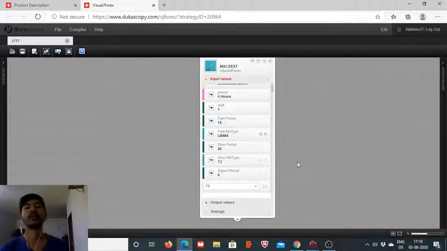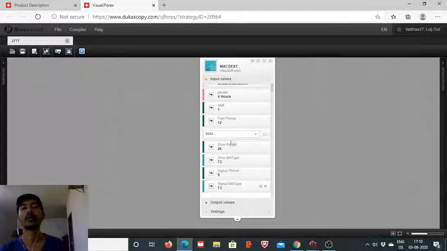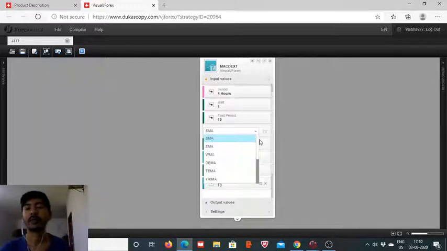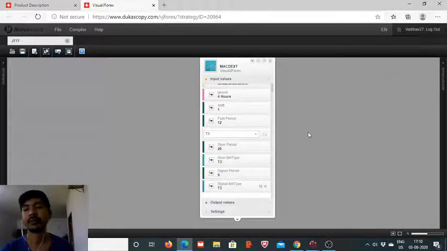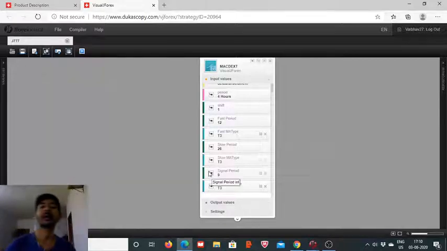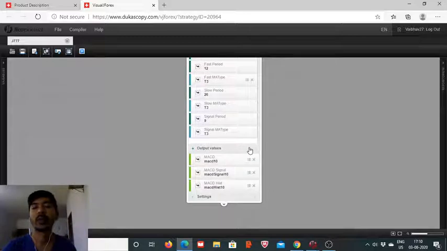So we have changed these two MA types to T3. Let us change this one to T3 as well, so that will be better for comparative purposes. And then we have to pay attention to the output values as well. We will be getting three output values: one is MACD, another is signal, and the third is histogram.